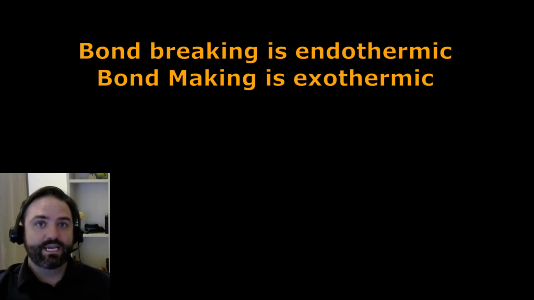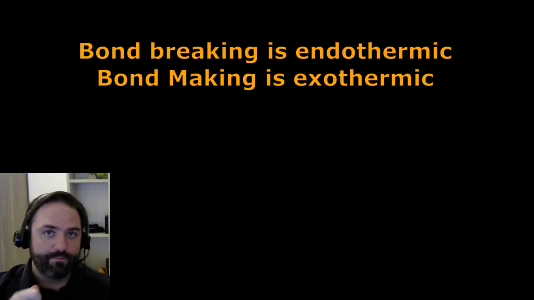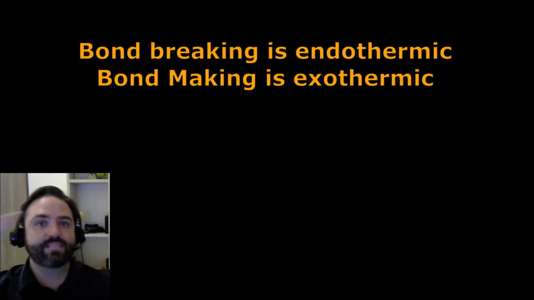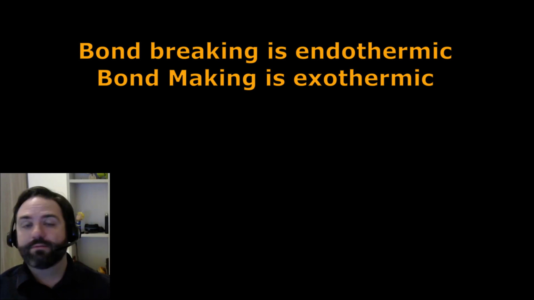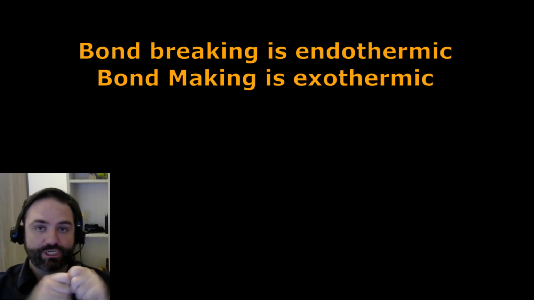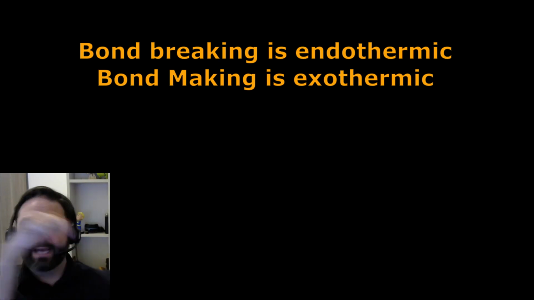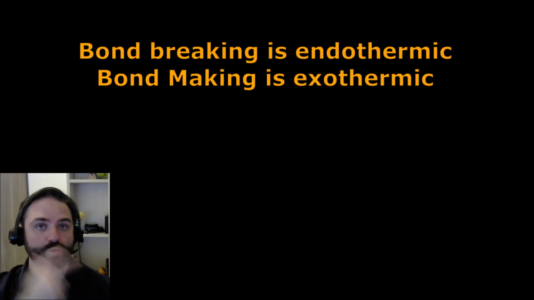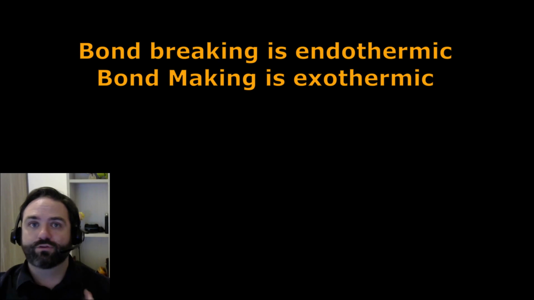And secondly, if we want to make chemical bonds, that releases energy. Bond making is exothermic. When you do any chemical reaction, you're doing bond breaking and then bond making. So you're putting energy in and then you're getting energy out. And it is the difference between the two that gives us our delta H.